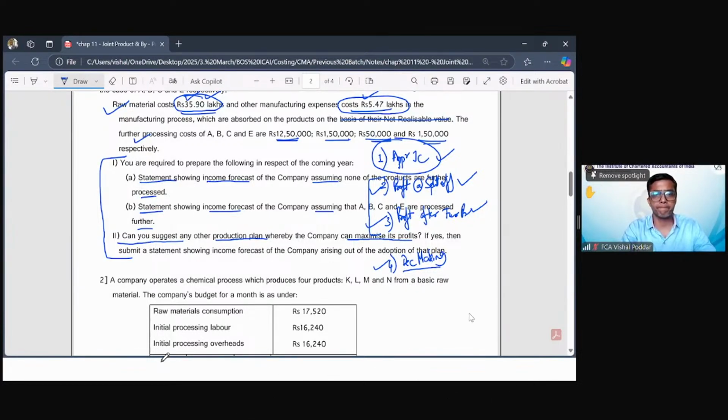One or two things for the students: this is a decision-making chapter. Not only calculation is there, but there is some decision-making involved. Sir was explaining when to process, how to process, whether to process or not. And believe me, after understanding all these concepts, you will see this all goes as per the normal understanding.